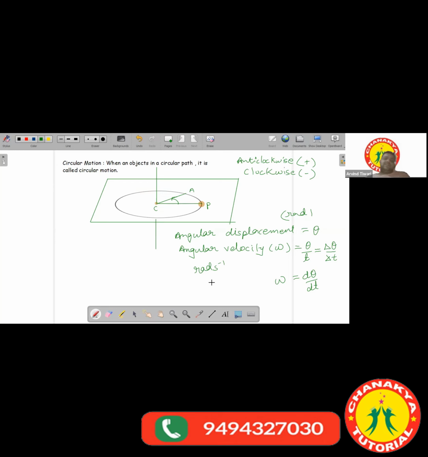One more thing we had discussed yesterday was the angular frequency. Now these are two words. If you just talk of frequency, frequency is the number of vibrations per second or number of revolutions per second, right? So this frequency would be given in RPM, revolutions per minute, or revolutions per second, RPS.